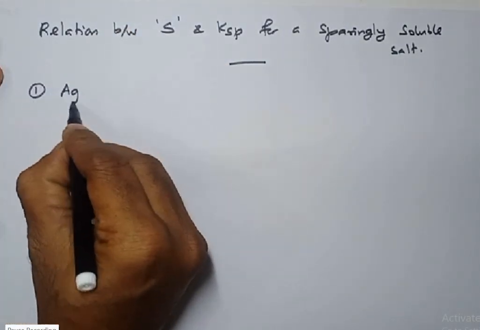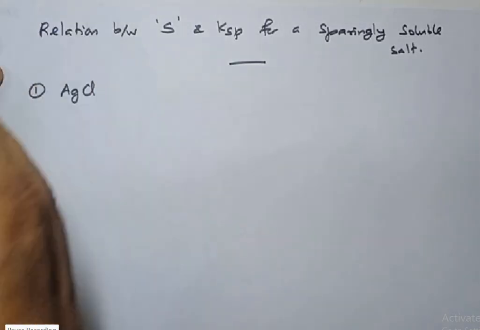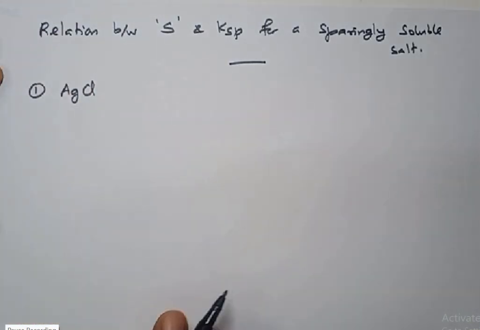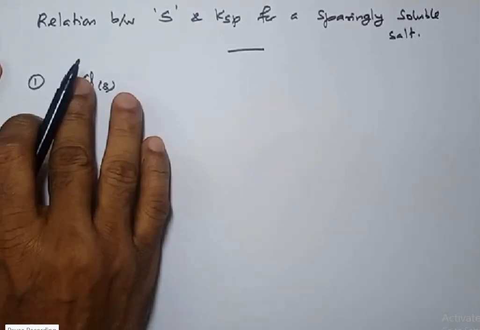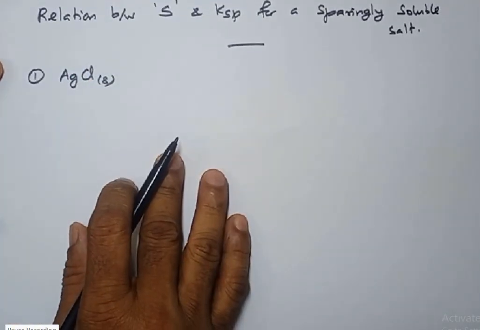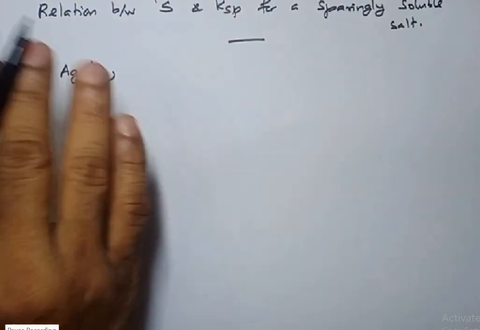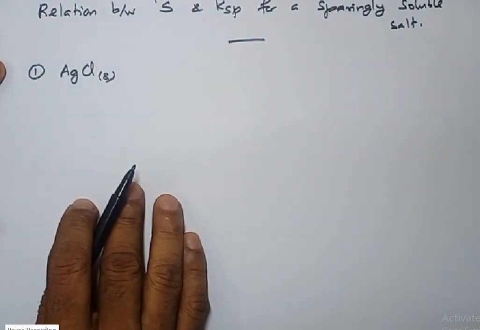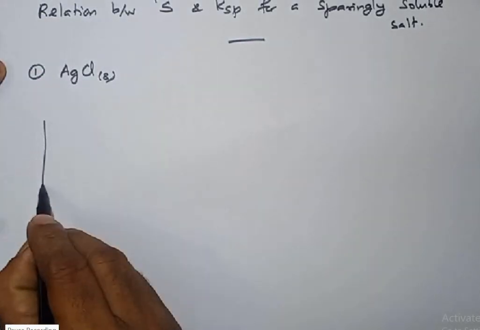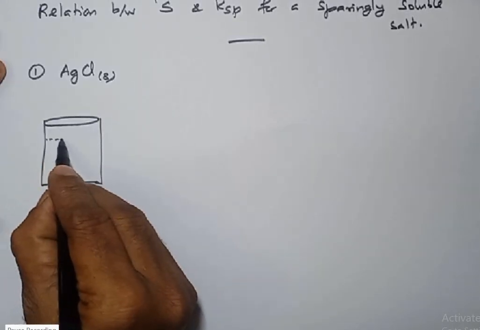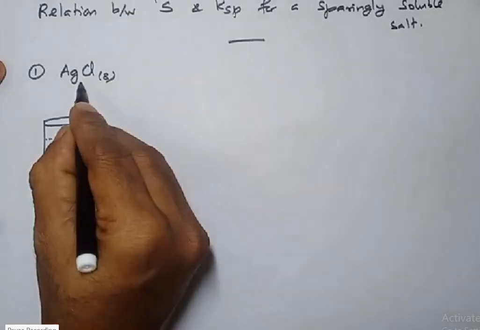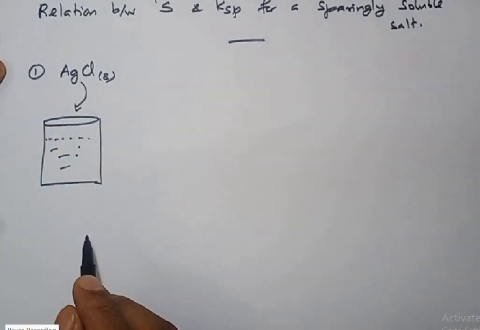Number one. First, I'll take a specific example, silver chloride. You know very well, silver chloride is an example of a sparingly soluble solid. If I put silver chloride in water, what will happen? Suppose I take a vessel, take some amount of water in it, and put in excess silver chloride.